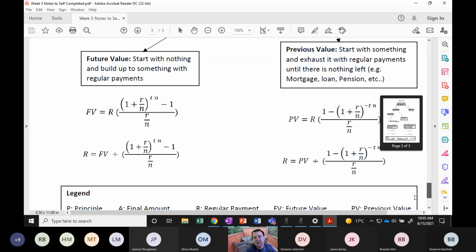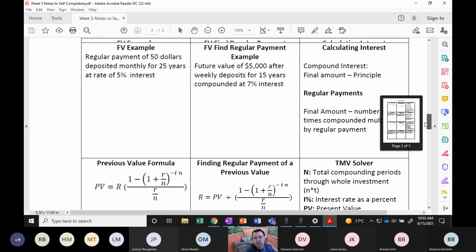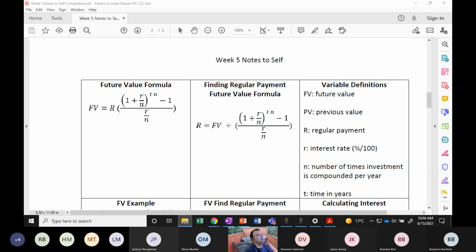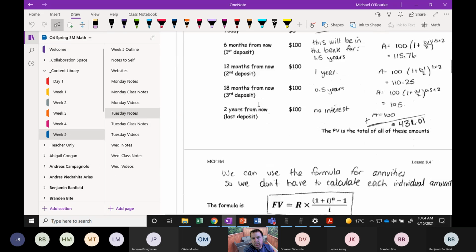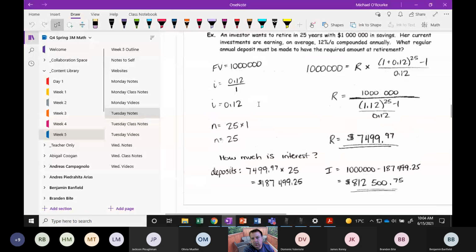Does that make sense? Were you looking at previous value by accident? Let me think here. Oh, Jebediah. Did I get that equation wrong? I need to go back and look at the equation. Two seconds. Okay, it is a positive exponent.